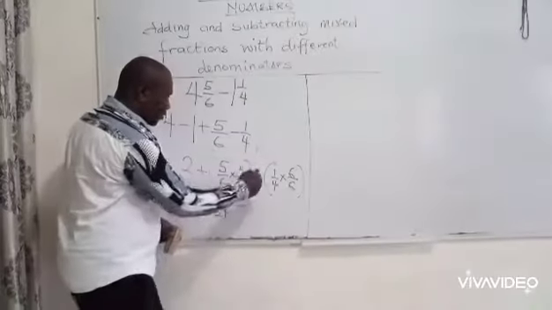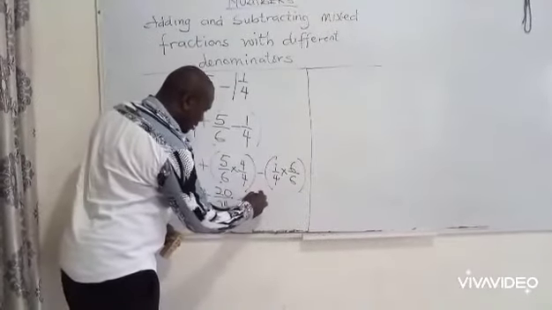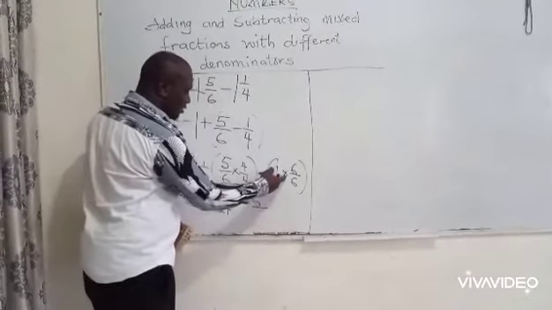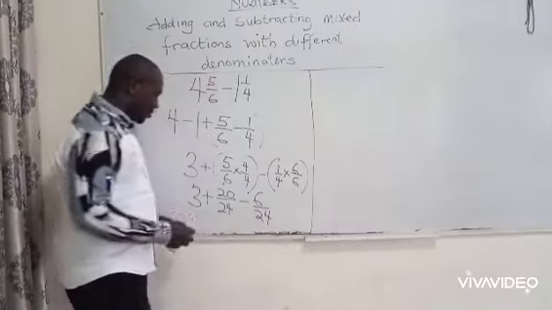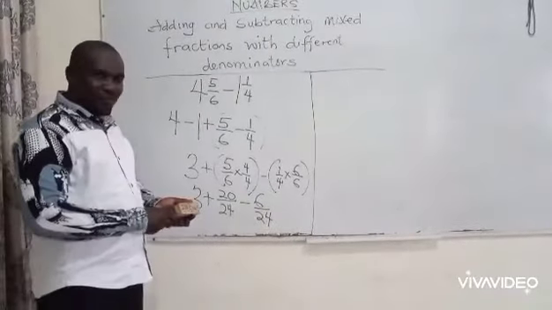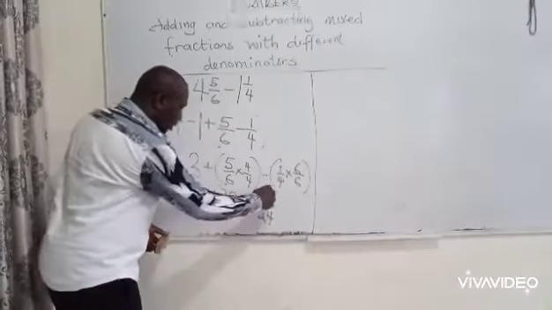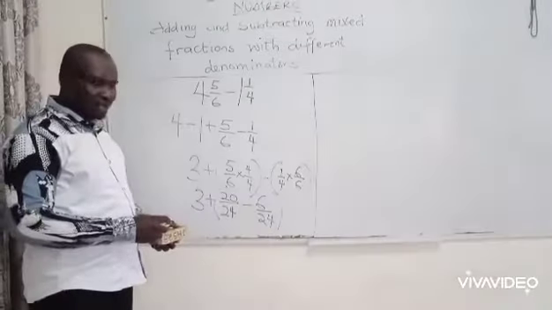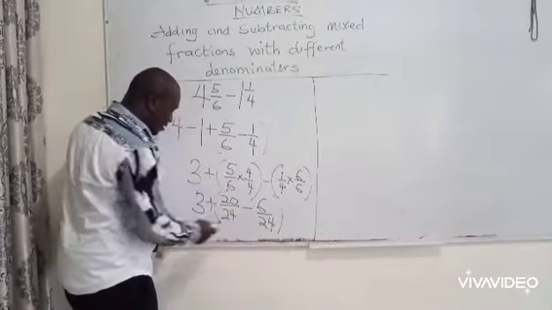So we have 1 times 6 giving us 6 out of 4 times 6 giving us 24. Very interesting, right? In order not to be confused, let's put our fractions into a bracket. We have the same denominators.